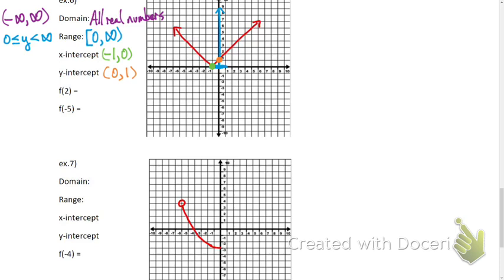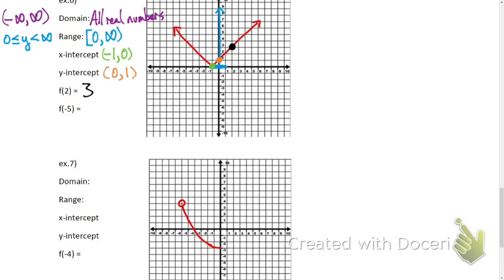And then f of 2. So I find 2 on the x-axis, and I go up to the graph. I'm running out of colors. Let's use black. So find 2 on the x-axis, go up to the graph, and we are looking at that black dot right there. So it is 3 units high.